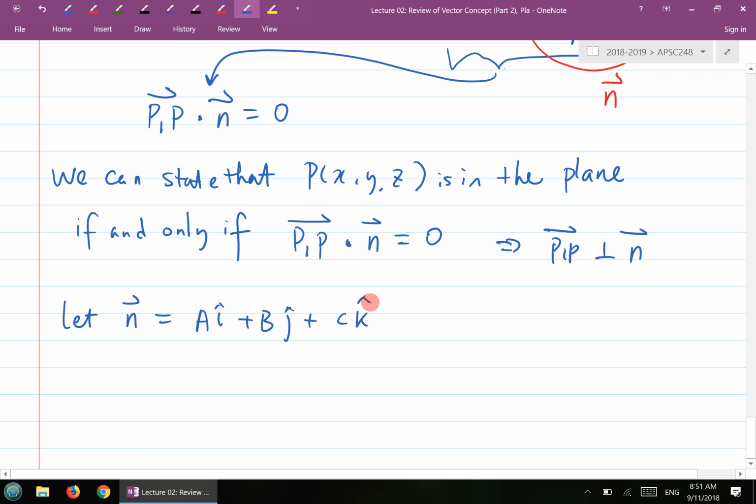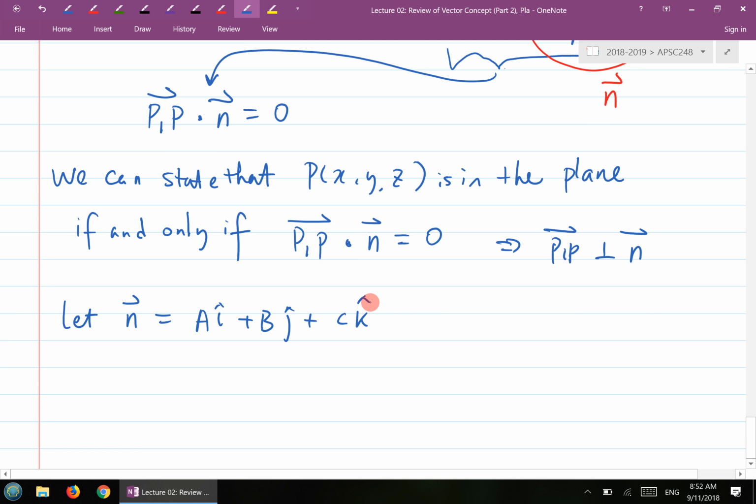Okay. So I'm going to let n equal to a i hat plus b j hat plus c k hat. Okay. So this is my n vector. Always remember, this n vector is what type of vector? It's not an arbitrary vector. It's a vector perpendicular to the plane. Okay?